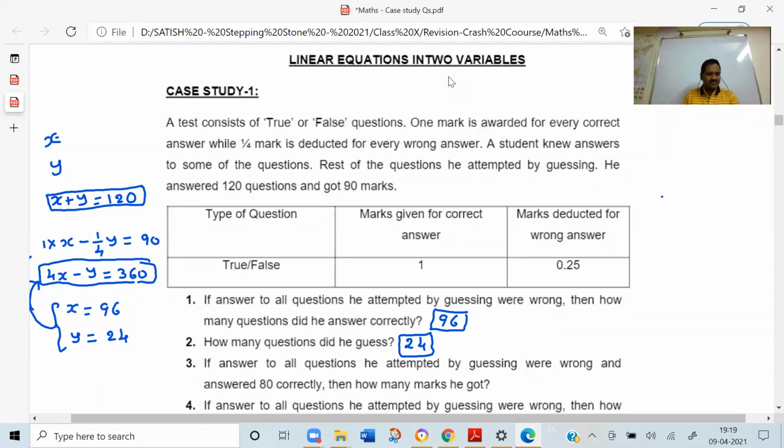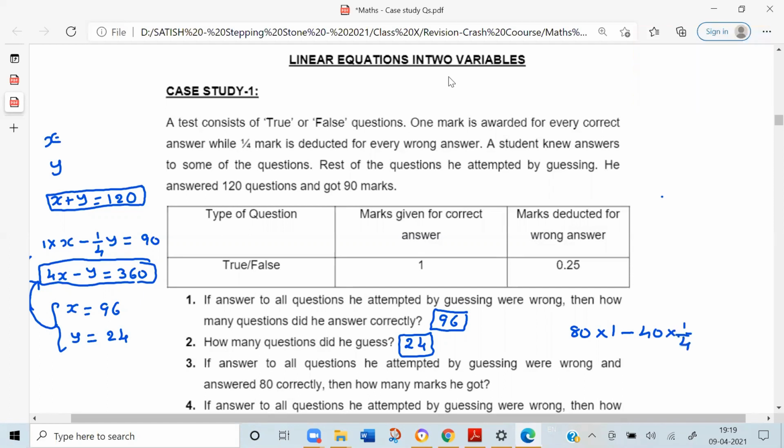How many questions were correctly done? 80. For 80 questions, how many marks is he going to get? 80 into 1. Next, how many questions are wrong now? 40, that means minus 40. For each question, how much will be deducted? 1/4.